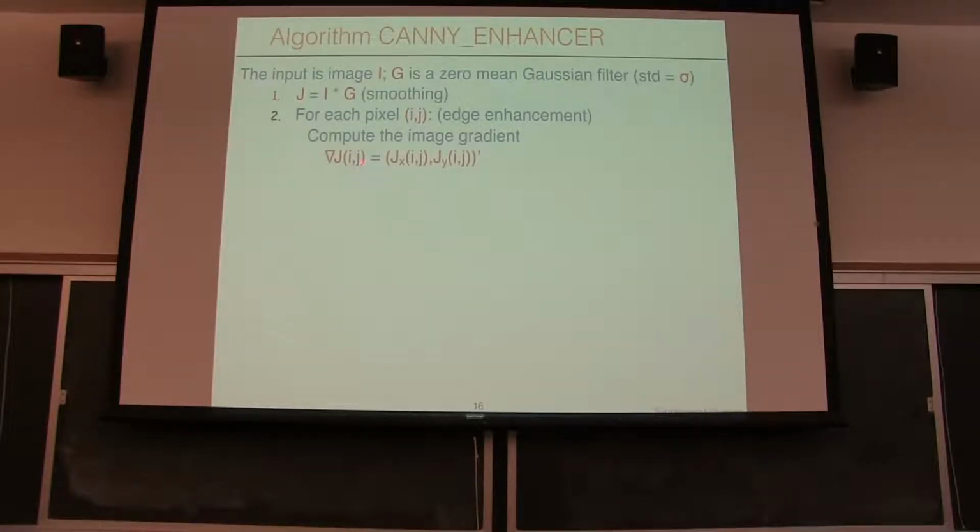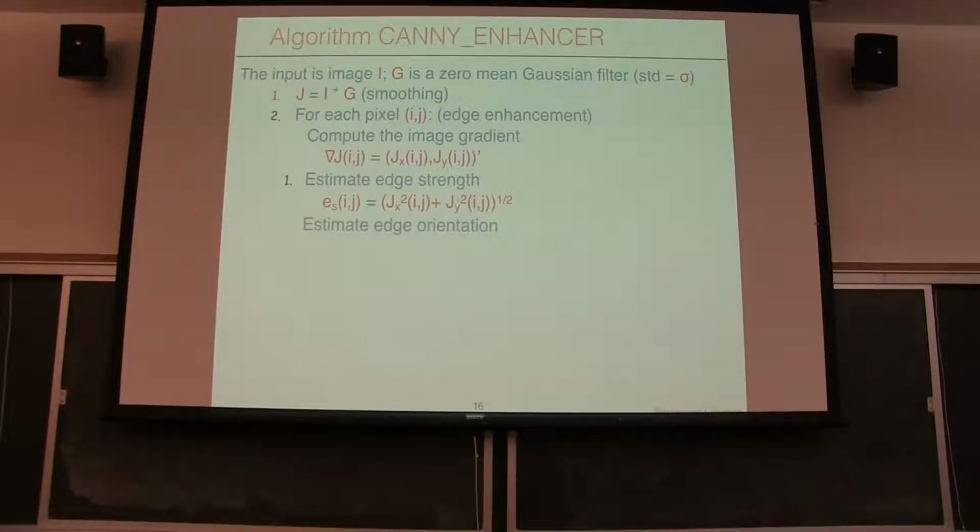So now I have 2 images, one for the first component of the gradient and one for the second component of the gradient. Then I'm going to estimate the strength by computing the magnitude at every pixel, and that will give me another image, which we're going to call ES for strength. This is just the square root of the sum of the squares of the 2 components.